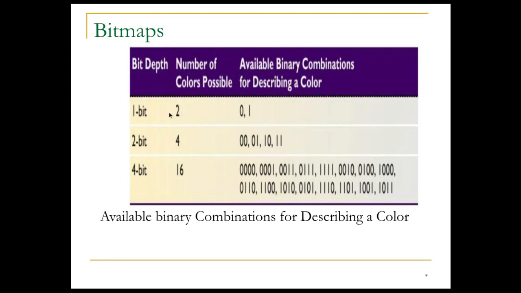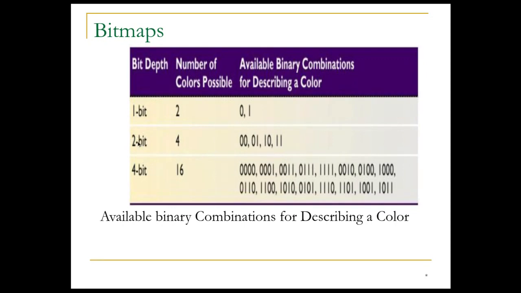If you use 4 bits, then you can have a total of 16 colors that your computer can display. So 16 colors, and this part here is showing us the number of bit combinations in the point.